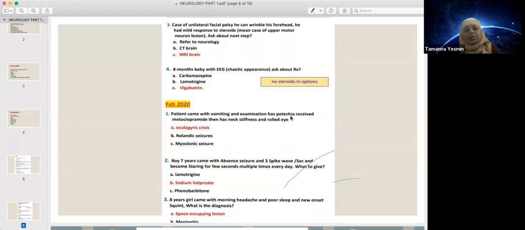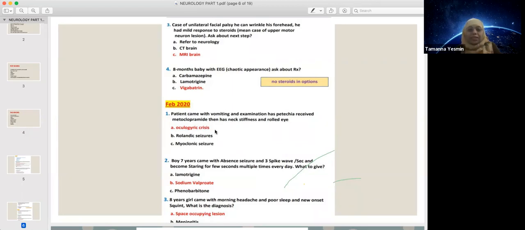Any viral rash, like Epstein-Barr virus or cytomegalovirus, can cause petechiae. In meningococcal meningitis, the child will be very sick and will come with shock. There was no option of meningococcal meningitis. There were options like myoclonic seizure and oculogyric crisis. So it was oculogyric crisis.